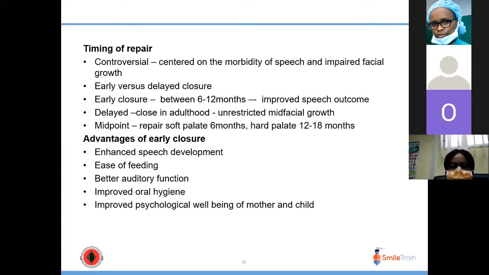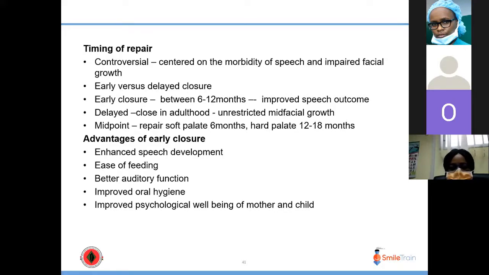But if you close early, and when we talk of early, that is before the patient starts to speak, maybe from 6 months to 12 months, then it's going to have an implication on the growth of the middle face. There's going to be restricted mid-facial growth. Those that believe that we should close it at a later age believe that the maxilla is going to grow properly and we will not have restriction. And so we have a midpoint between this.